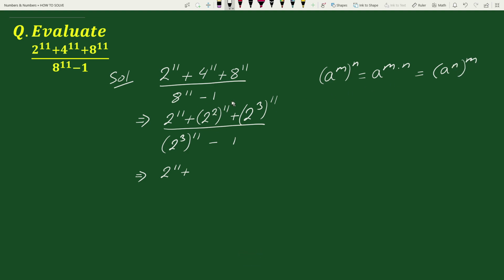So we can write this as (2^11)^2 plus, we can write this also as (2^11)^3 by, we can write this also as (2^11)^3 minus 1.